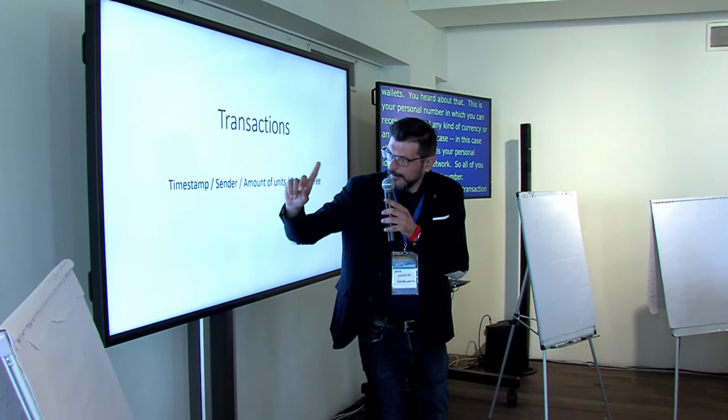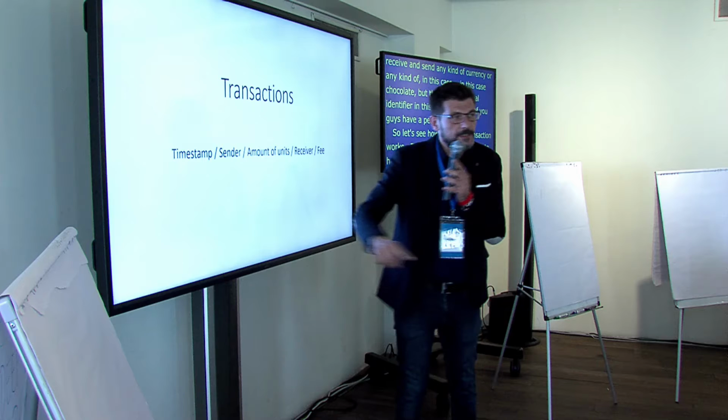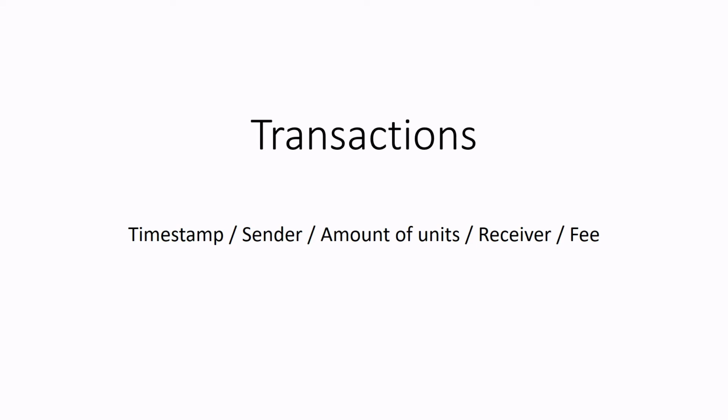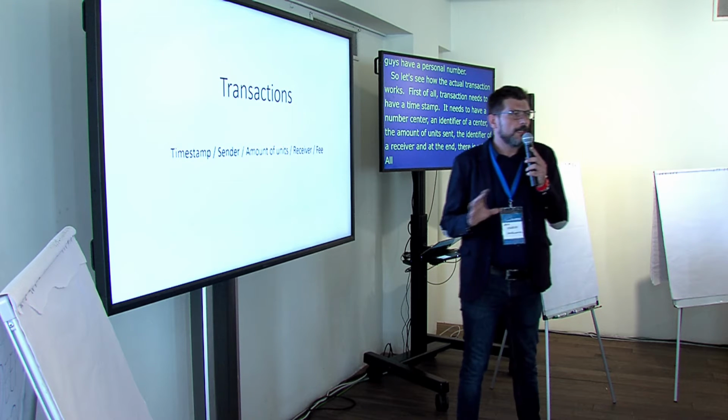First of all, a transaction needs to have a timestamp. It needs to have the identifier of a sender, the amount of units sent, the identifier of a receiver, and at the end, there is a fee. All networks actually work with fees. All transactions work with fees.